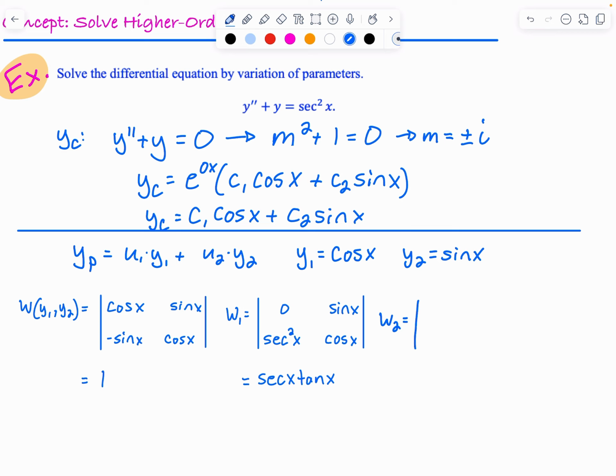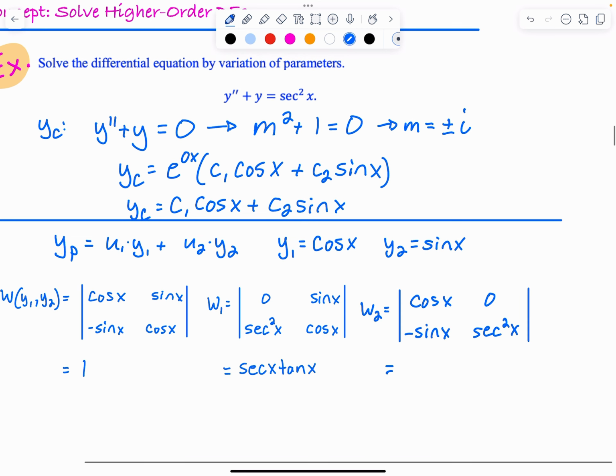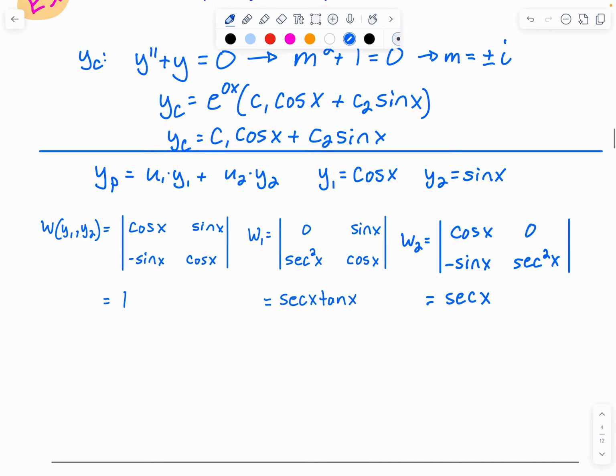W2 is going to be, we keep the original ones, and then the functions. Cool. All right. And then now our multiplication here, secant is 1 over cosine, so I'm just going to get another secant here. All right, I have all three.